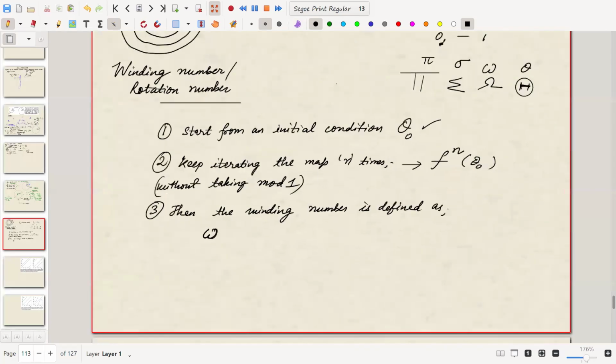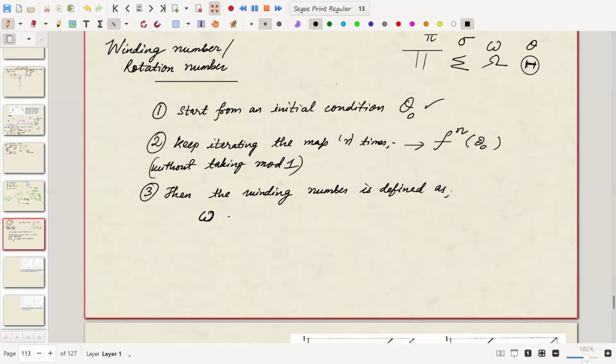Anyway, this omega, the winding number, is defined as F^n of theta naught, the final point, minus the starting point, theta naught, averaged by n, because you did n iterations.